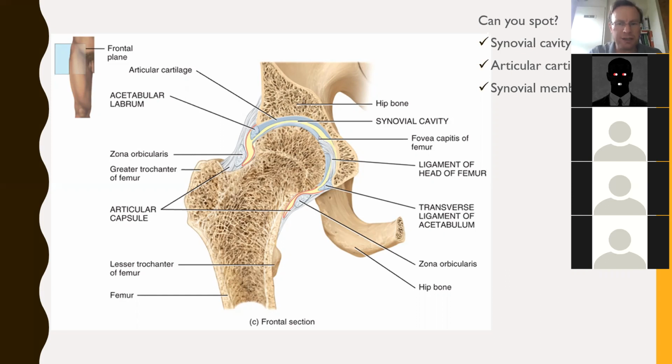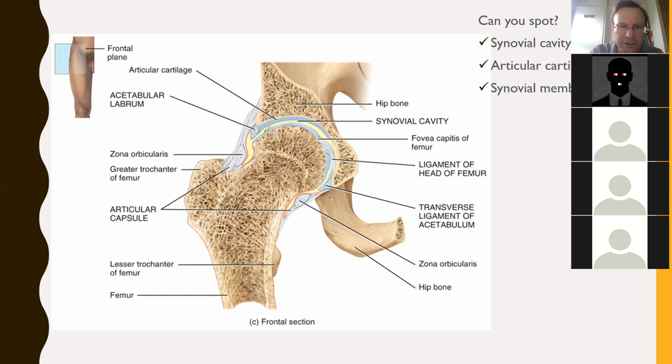What you can see is the bone at the bottom is the femur. Can you see how that femur goes into that ball type shape at the end? Now, if you look at that femur, can you see the cartilage on the end? I'll colour it in the same colour as I did previously.